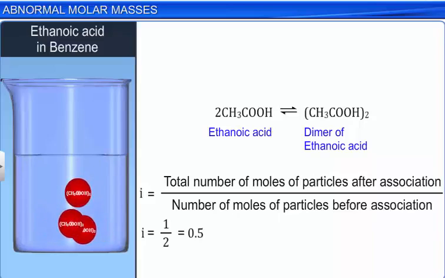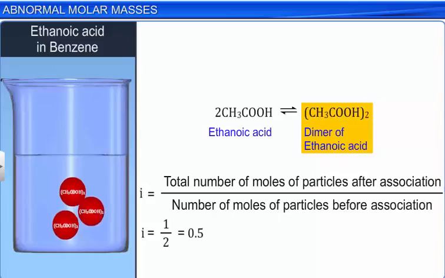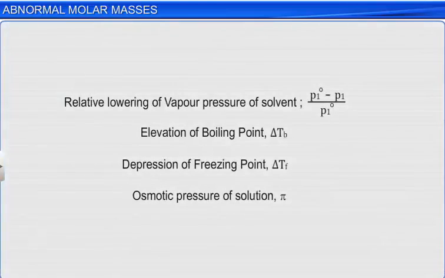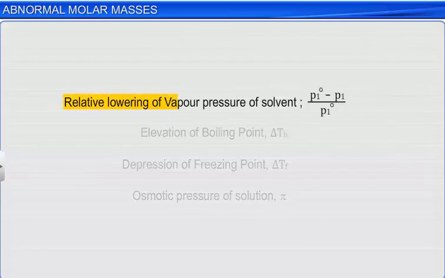The modified equations for colligative properties using the van 't Hoff's factor can therefore be written as: relative lowering of the vapor pressure of solvent, (P1° minus P1) divided by P1° is equal to i multiplied by n2 divided by n1.